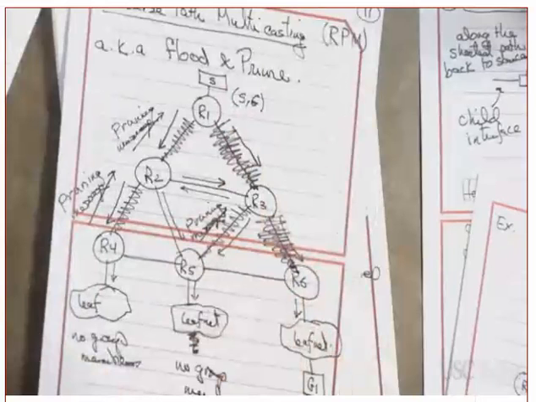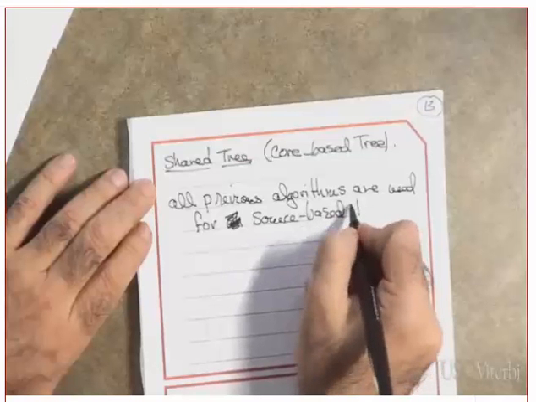Okay. Shared-based trees are more scalable than source-based trees, in the sense that each multicast group needs only to keep track of G, rather than what?